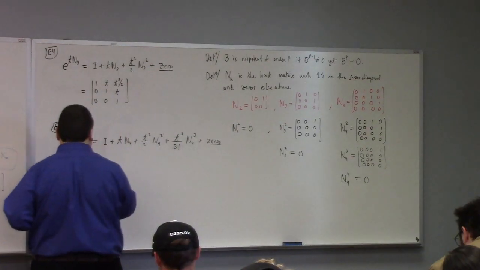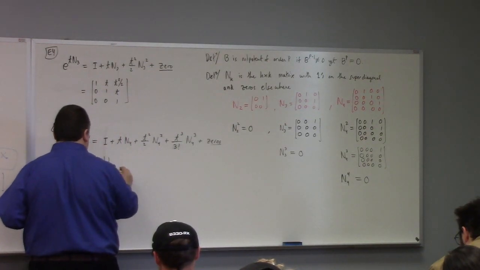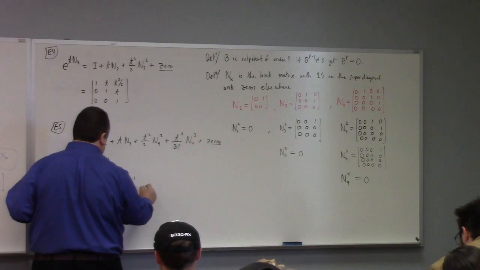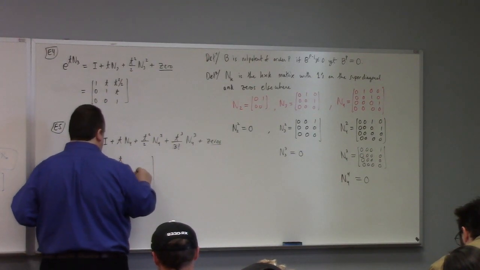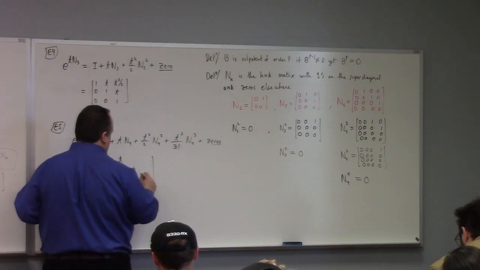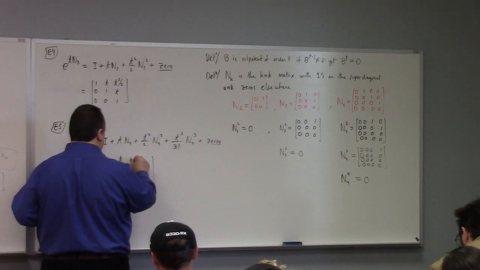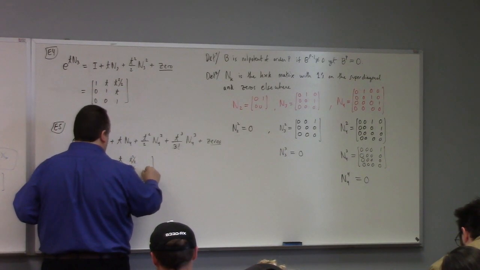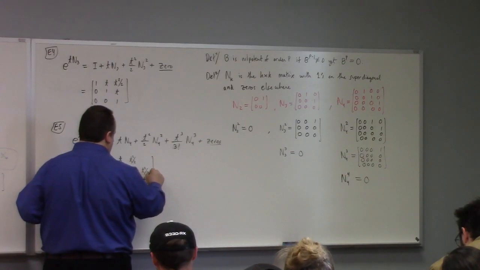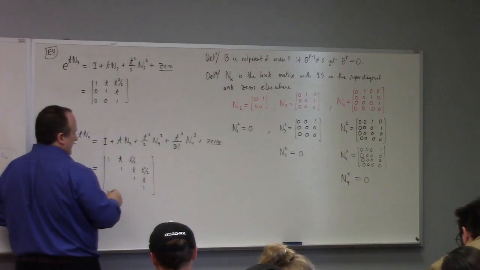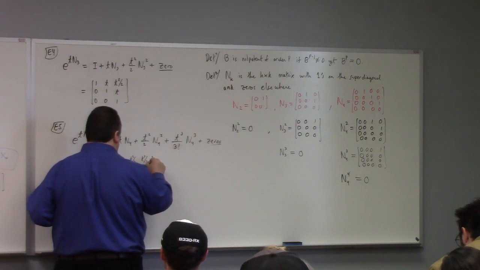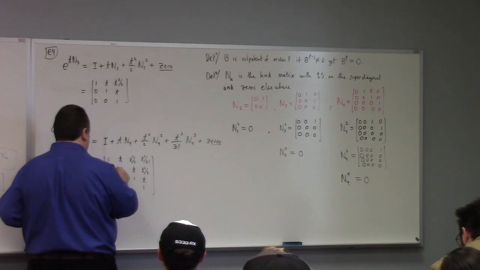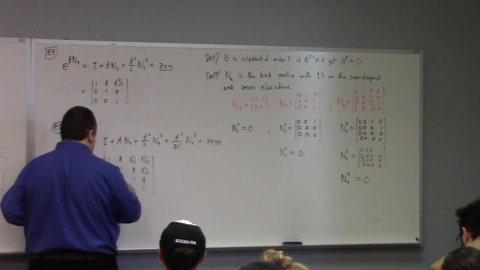Zeros. All right, so what's that work out to? We've got 1s down the diagonal. We've got t's on the super diagonal from the n4 term. We've got t squared over 2, or if you like, t squared over 2 factorial. I'll just write t squared over 2 there. And then we've got t cubed over 3 factorial in the upper spot there, and zeros below the diagonal.